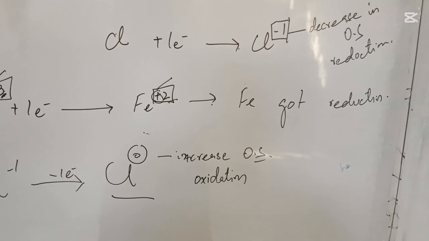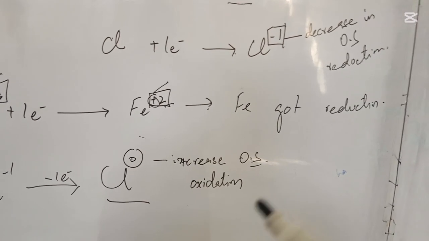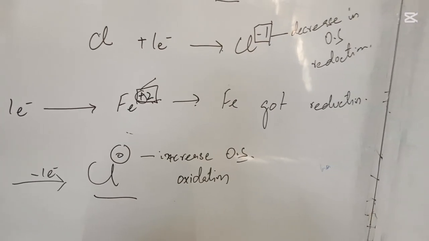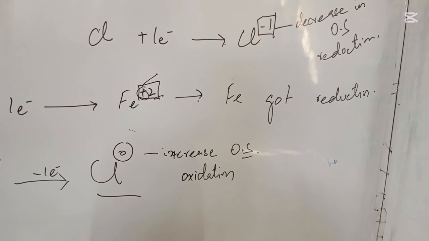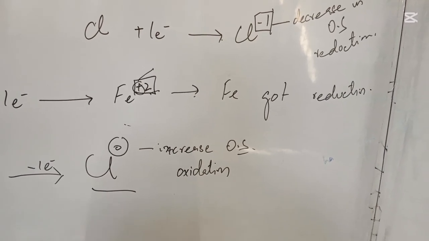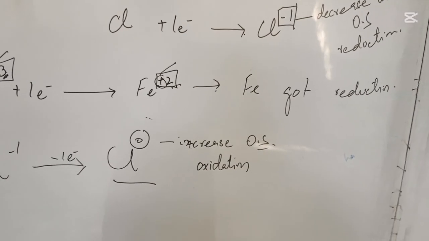In the previous example, we were talking about the loss and gain of electrons. We were saying that in general all the metals undergo oxidation because they have the tendency of losing electrons due to their electropositive character, whereas all the non-metals undergo reduction because they have an electronegative character, due to which they are capable of gaining electrons.